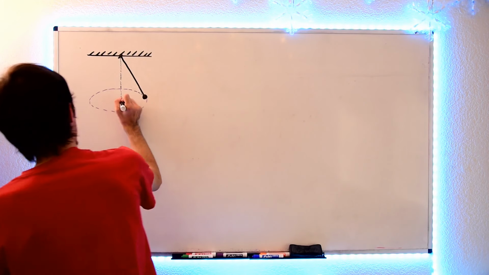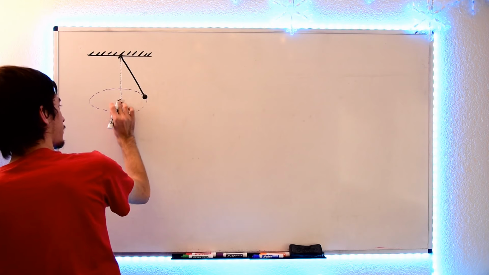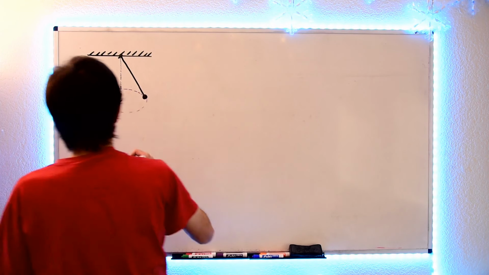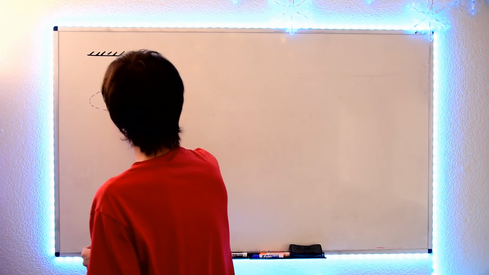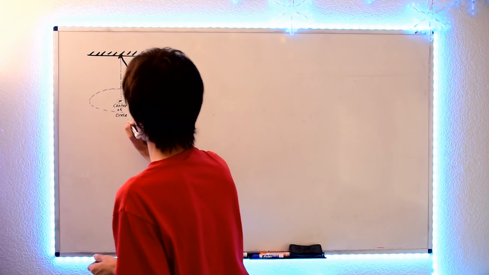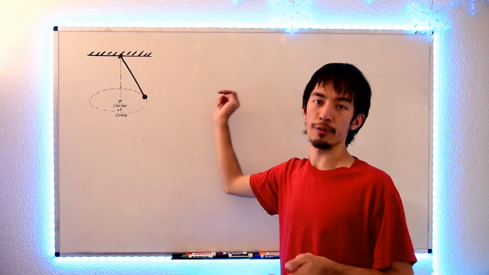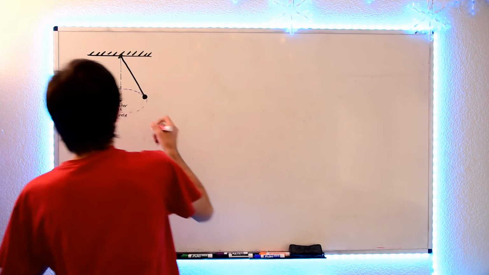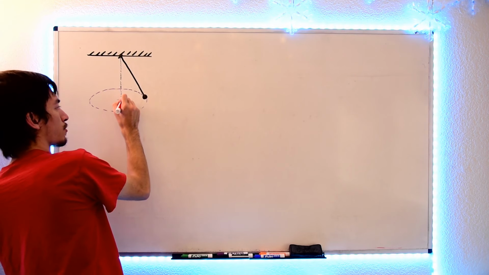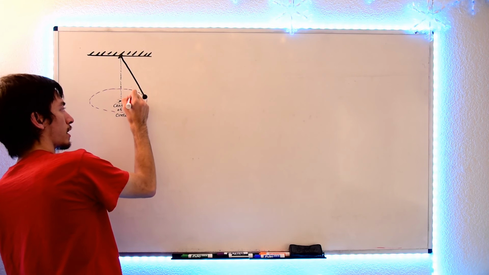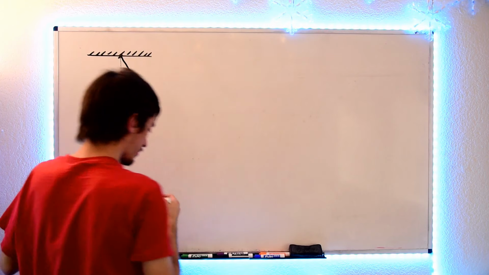So this is going to be the center of your circle here. Let me just draw this. Center of circle. And let's just say that the radius of that circle is r for now. We may not know what it is, but I'm just going to label that distance from the center of the circle out to there as the radius r.